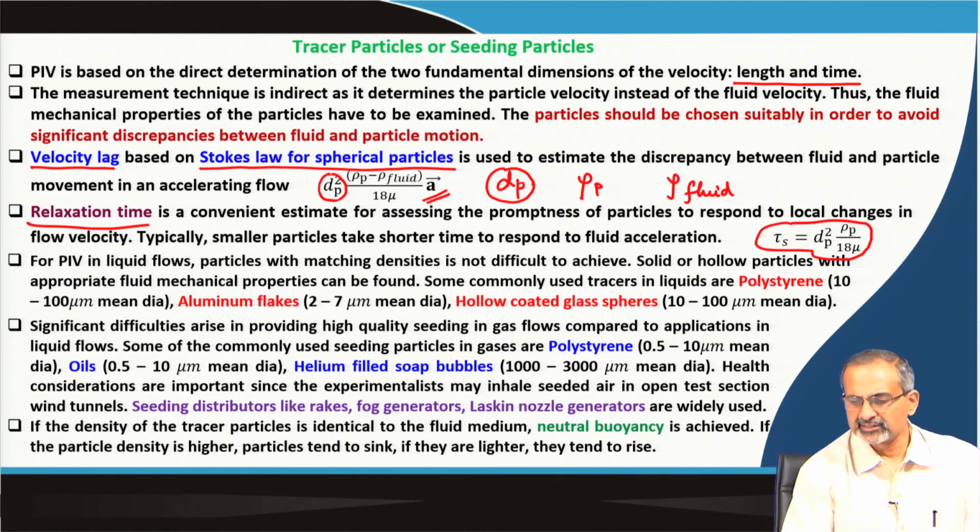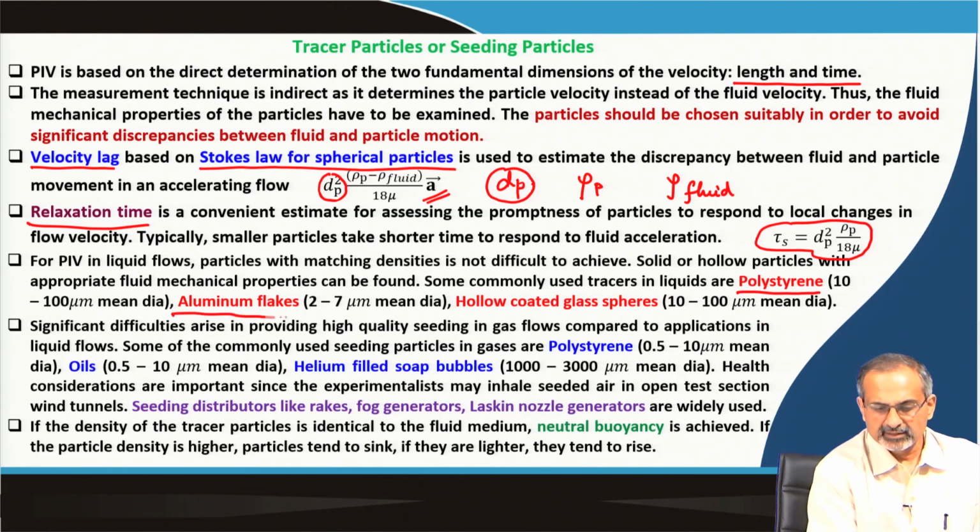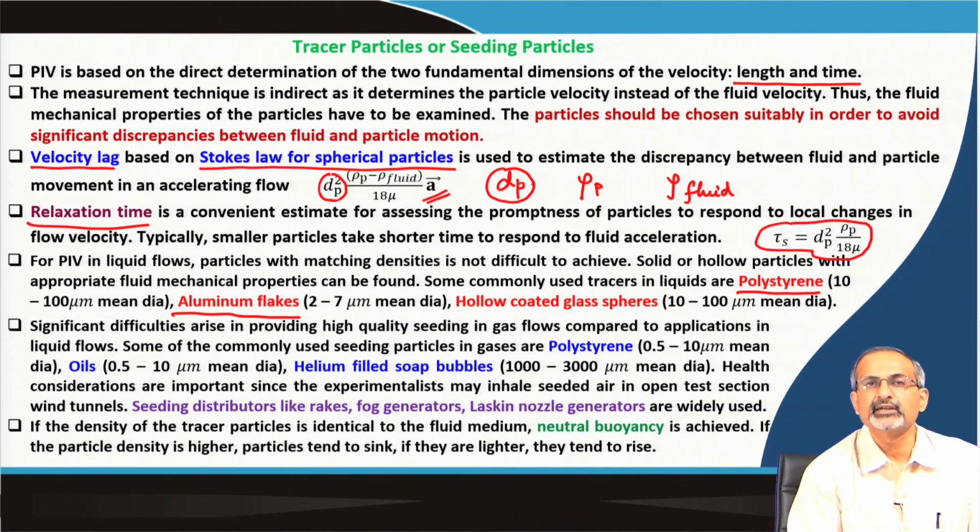Typically, polystyrene in the range of 10 to 100 micron mean diameter, aluminum flakes between 2 to 7 micron mean diameter, or hollow coated glass spheres between 10 to 100 micrometers mean diameter can be used.